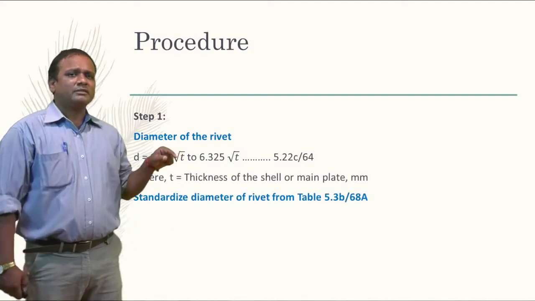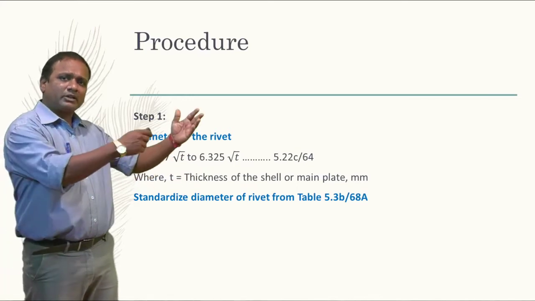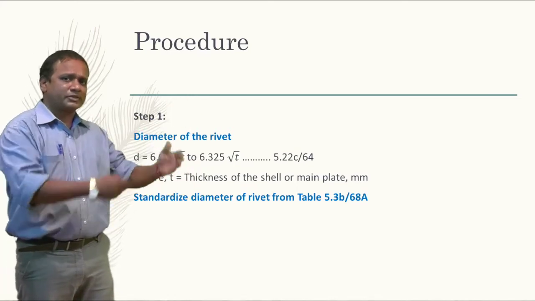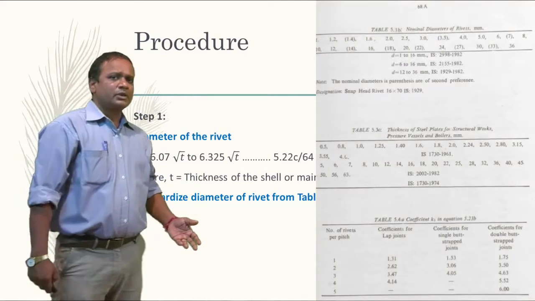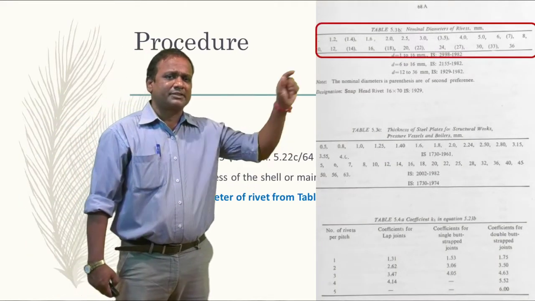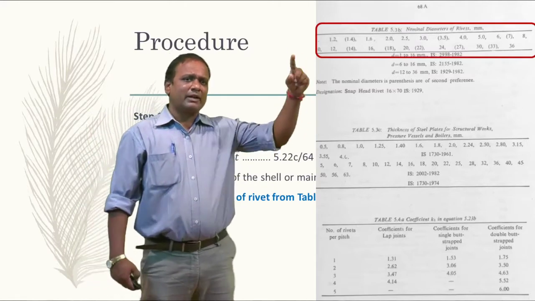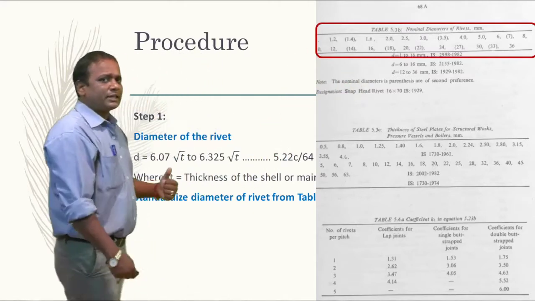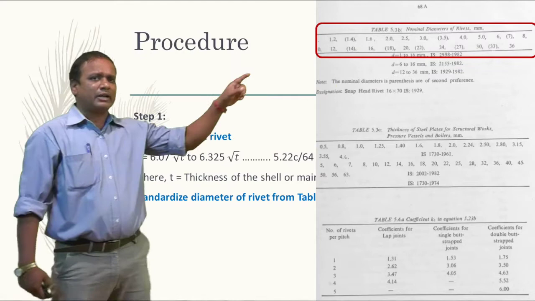Once I find the diameter here, I am going to standardize the diameter by going through the data handbook, in a table which you can see here, the standardized diameters. It has ample values, so whatever I decide from this equation, I will standardize the value from here.